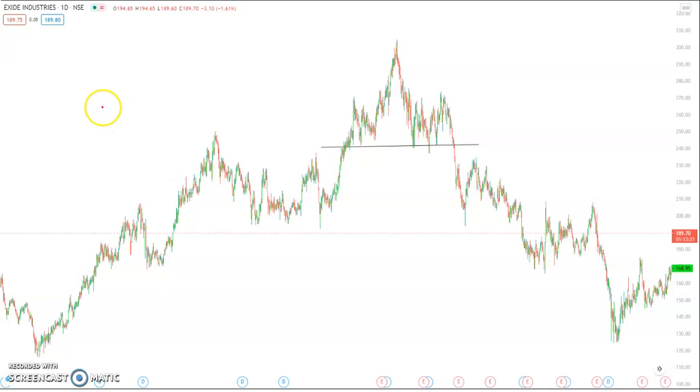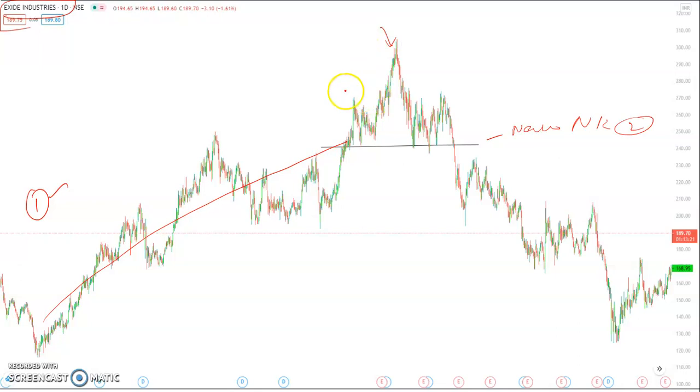So this is Excite Industries. The market is in uptrend, so our first condition is satisfied, and as you can see it is a narrow neckline, so the second condition is satisfied. Head is higher than both left and right, so the third condition is satisfied.